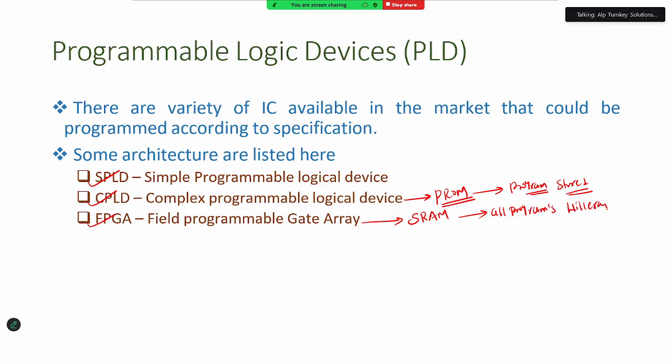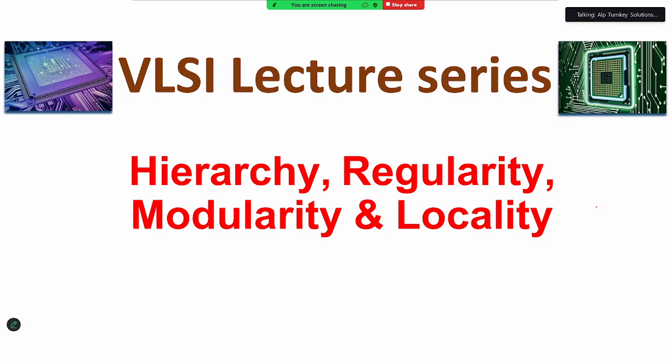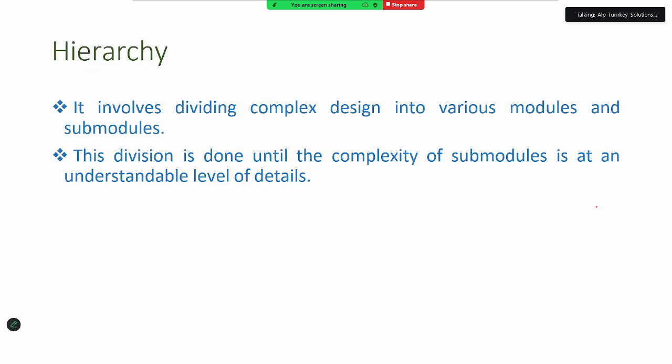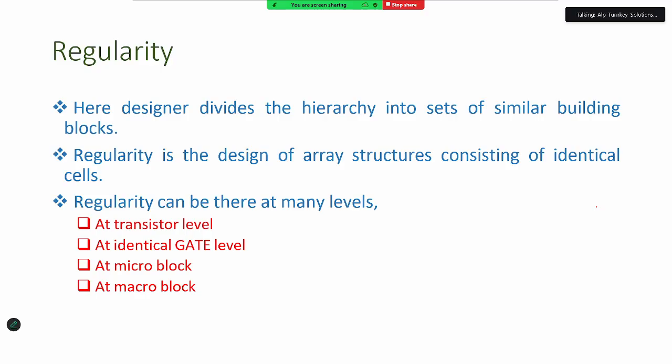Okay, so this is FPGA. And hierarchy, if you see, this involves dividing the complex design into various modules. Like transistor level, first micro block level. Suppose you want to design a CPU, this is a macro block.